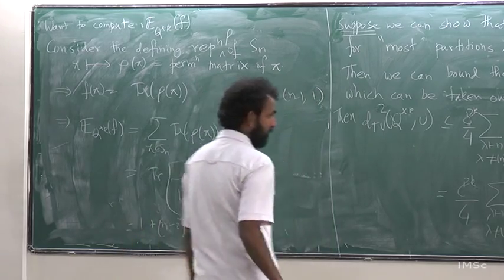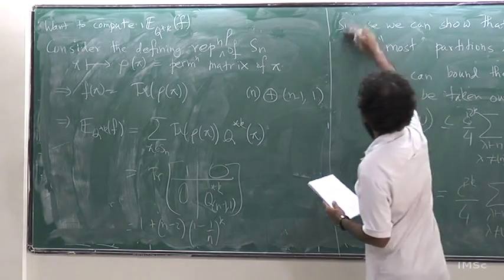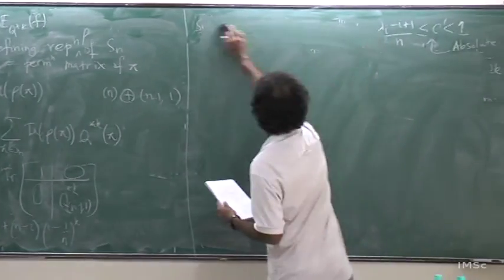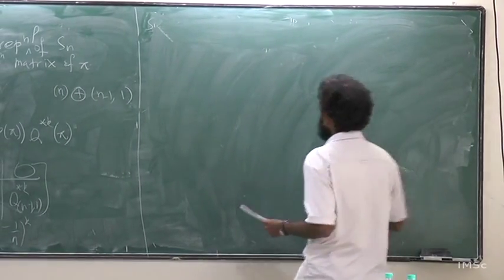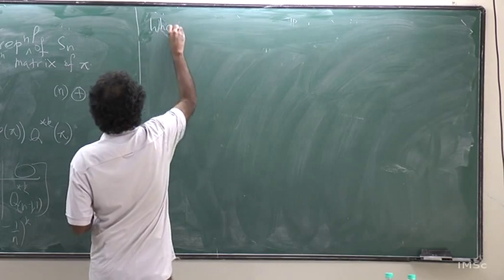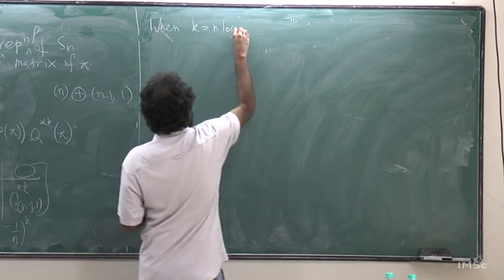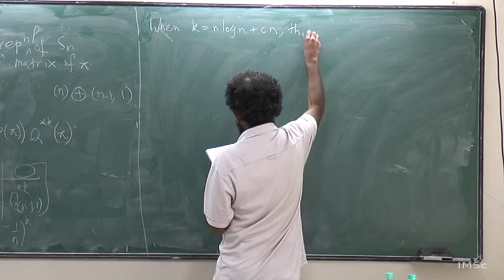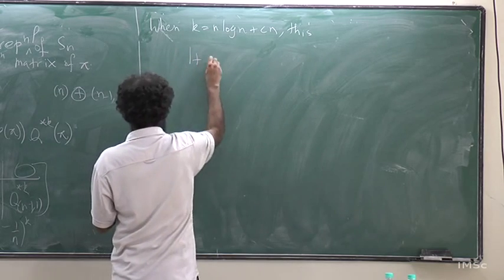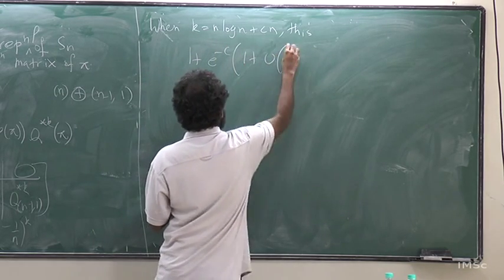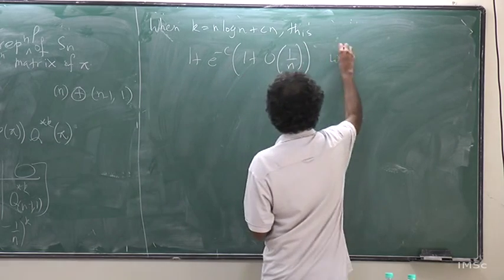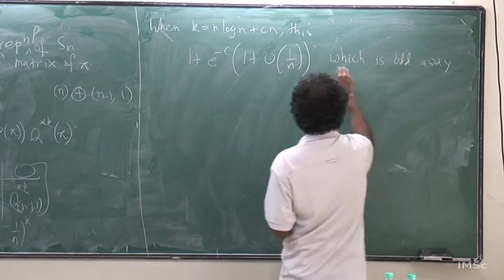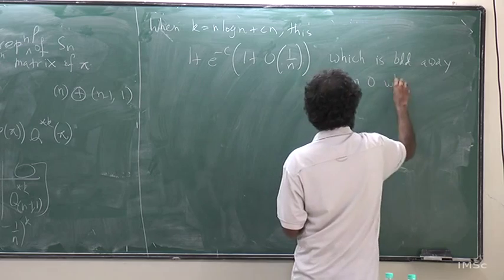And when k is n log n plus cn, this is 1 plus e to the minus c, 1 plus big O of 1 by n, which is bounded away from 0 when c is less than 0.